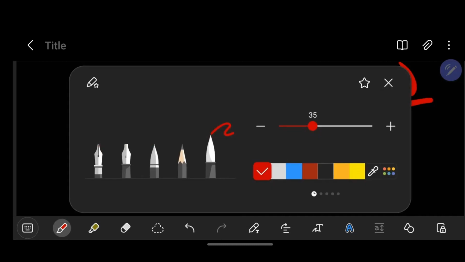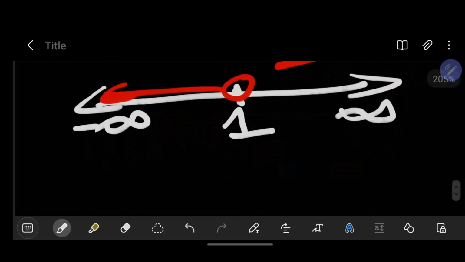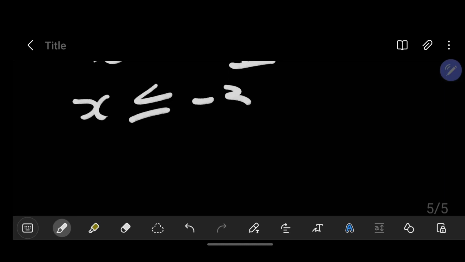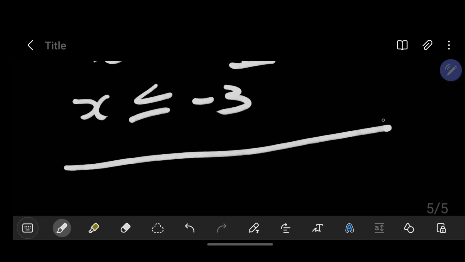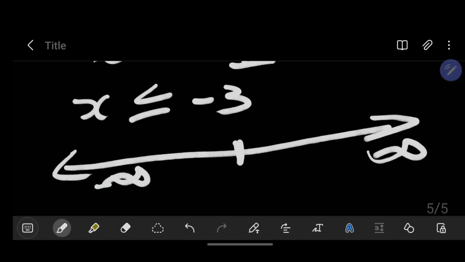Okay, let's look at a few more examples. Let's look at x that is less than or equal to minus 3. Let's use the number line again, and show negative infinity, positive infinity. We can have minus 3 here.